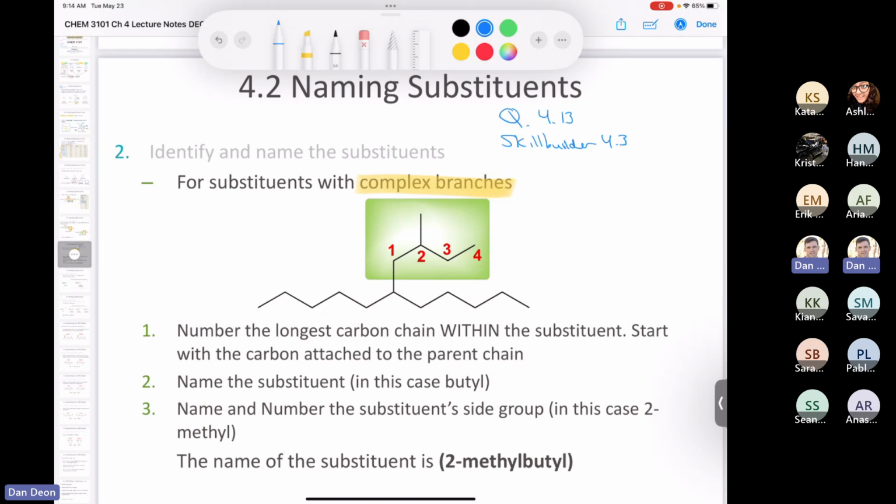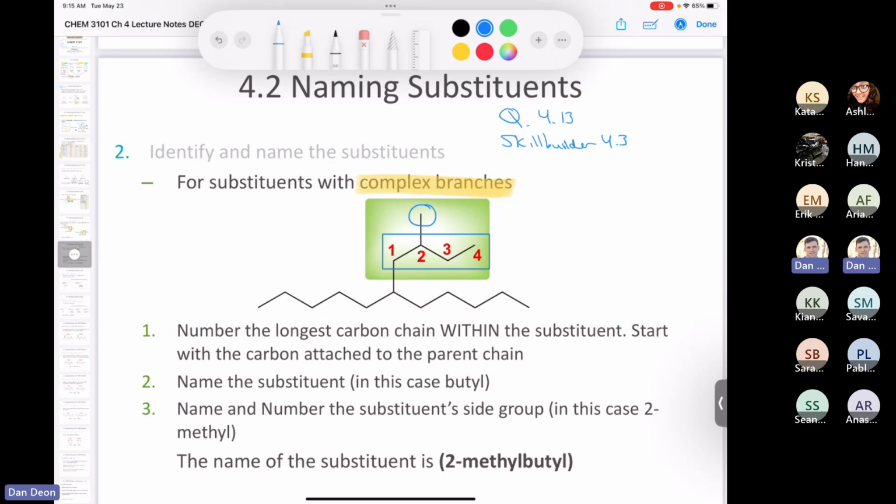Okay, so for a complex branch, if it doesn't fall under the umbrella of something that I taught you, well, in that case, you've got to give it a systematic name. And the way you do that is you number the longest chain within the substituent. So the longest chain within the substituent has a total of 4 carbons. And so it would be a butyl group. And then we number and name any substituent.